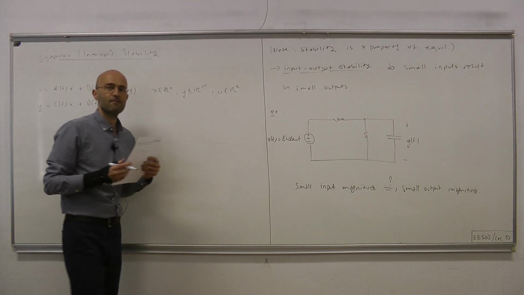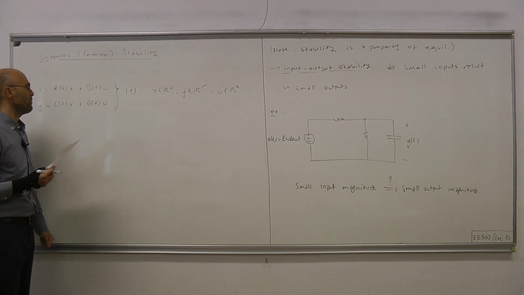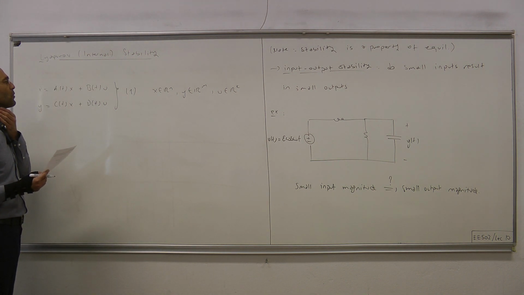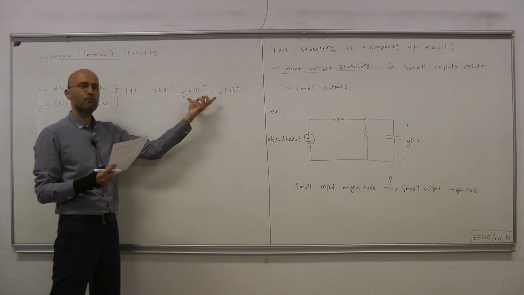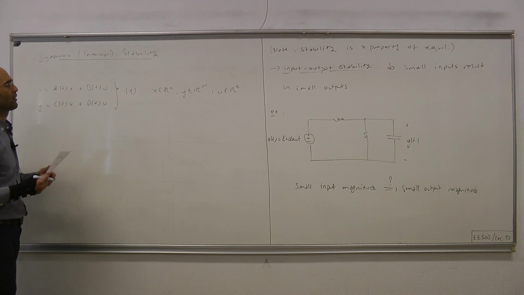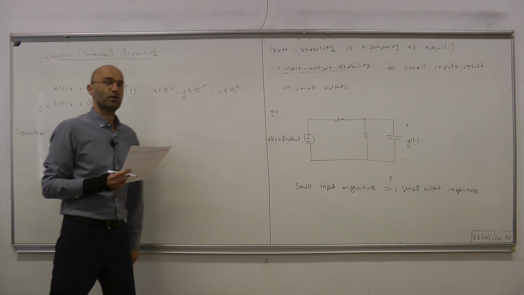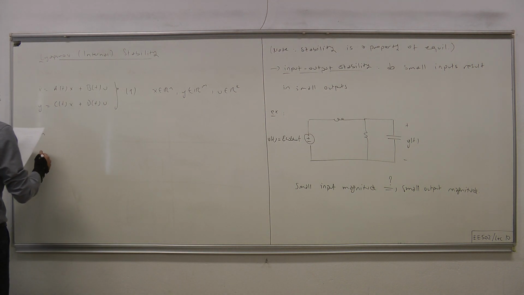And then these are matrices, possibly with time varying entries, and the dimension of those matrices are clear from the sizes of the corresponding vectors. Okay. Now, we're ready to define certain types of internal stability.